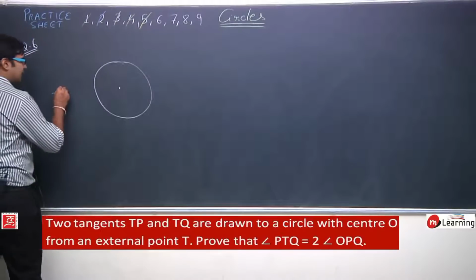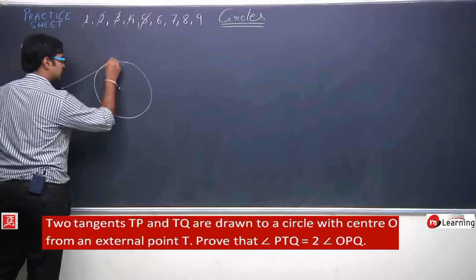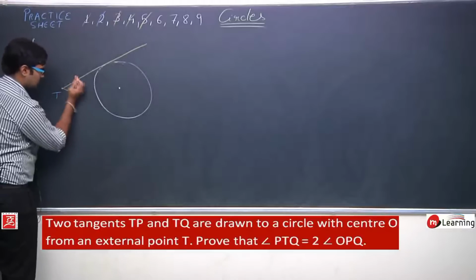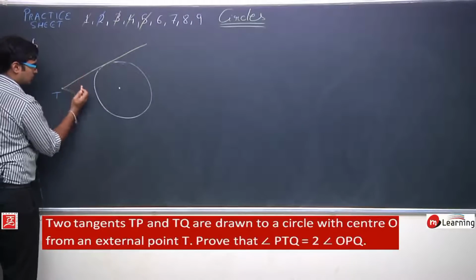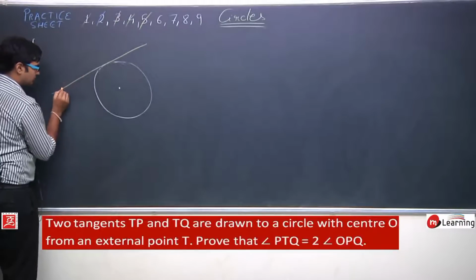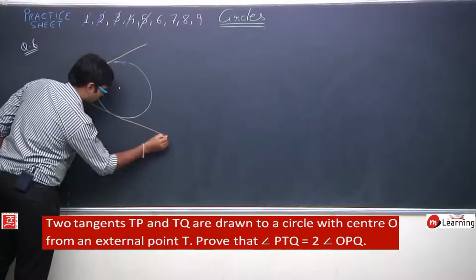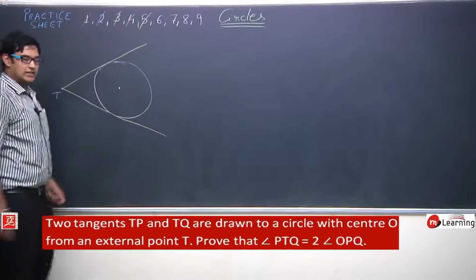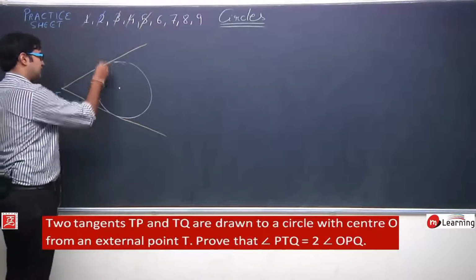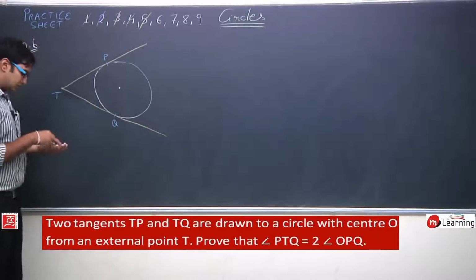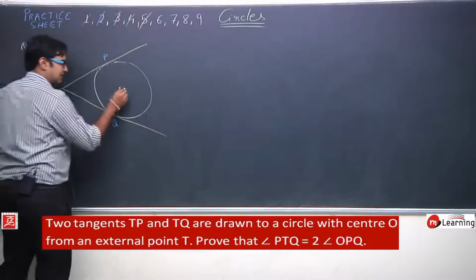So TP and TQ are the two tangents to this circle. These are the two lines, this is TP and this is TQ. They are tangents on this circle with center O.